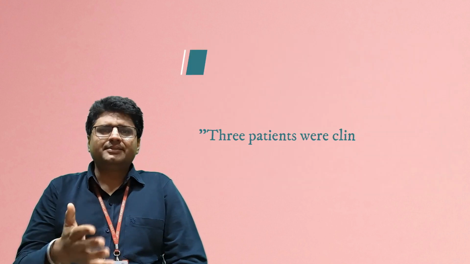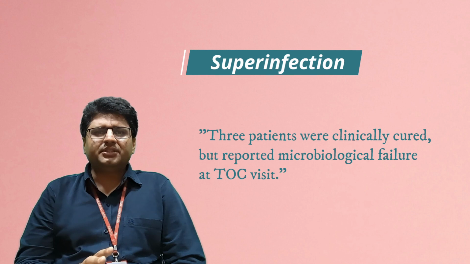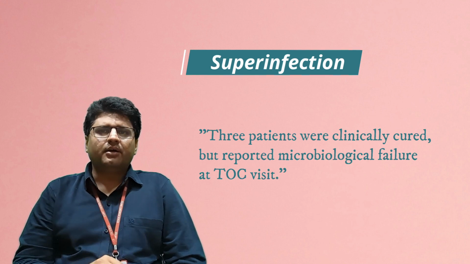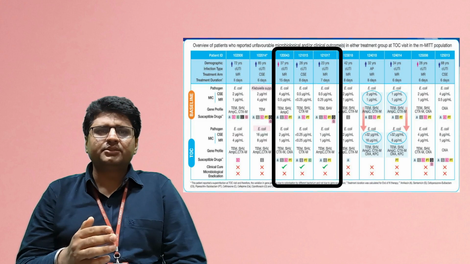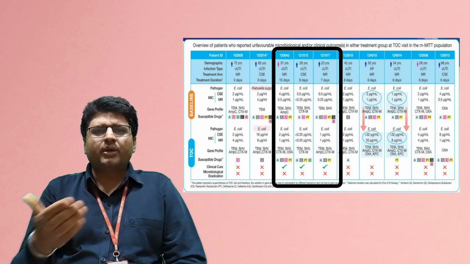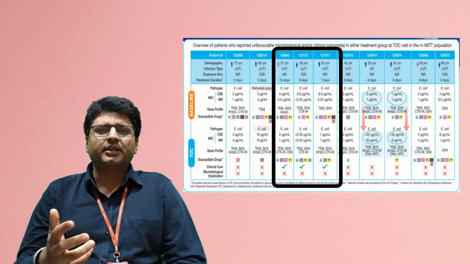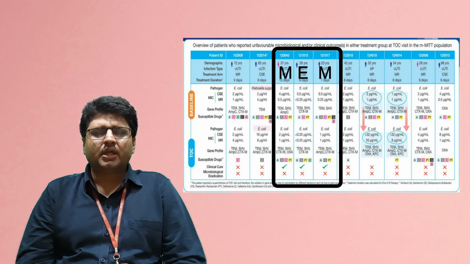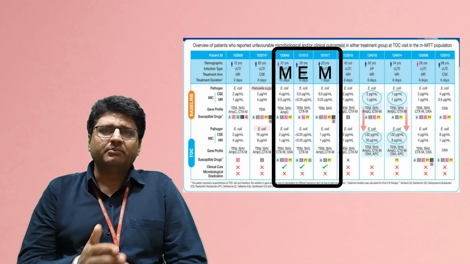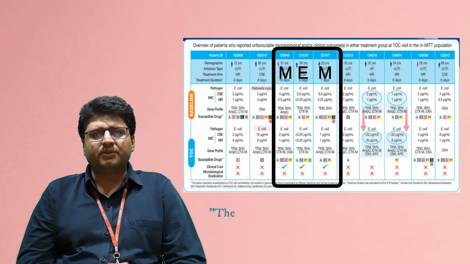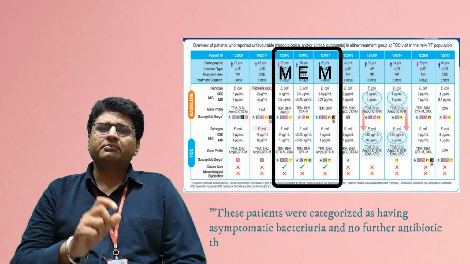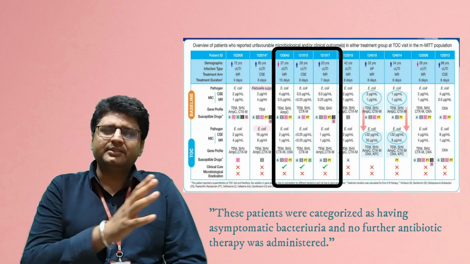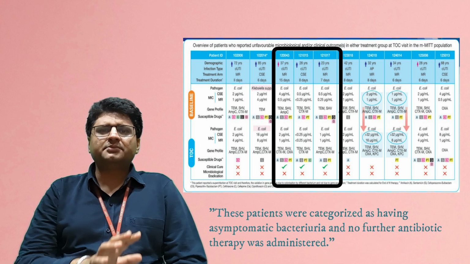Out of these 10 patients, 3 were clinically cured but reported microbiological failure at the TOC visit. So these 3 patients were clinically cured at TOC, but microbiological eradication was not there. 2 of these patients were in the meropenem group and 1 was in the Elores group. These patients were categorized as asymptomatic bacteriuria, which means they were asymptomatic but bacteria was present in urine.